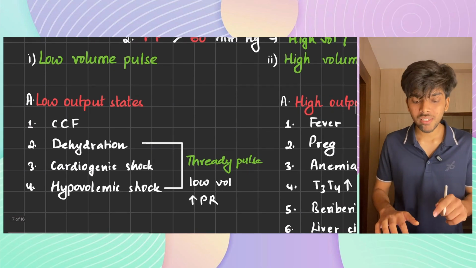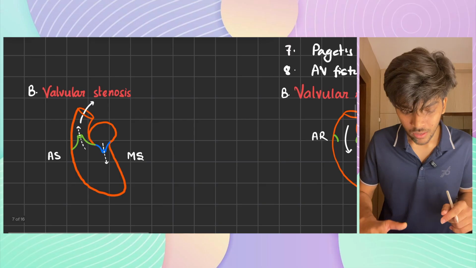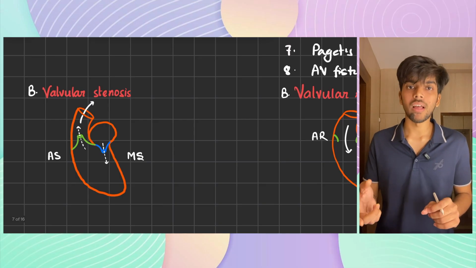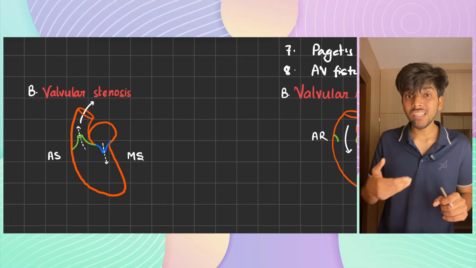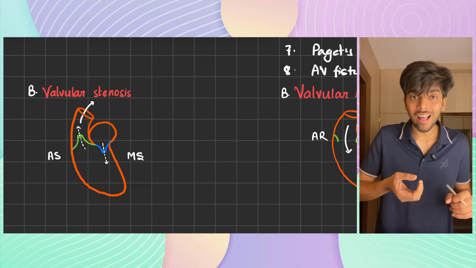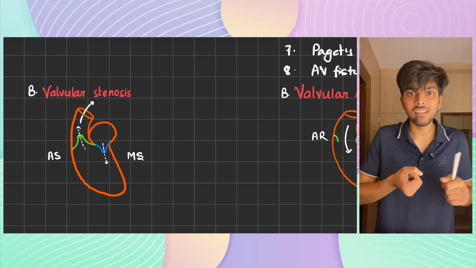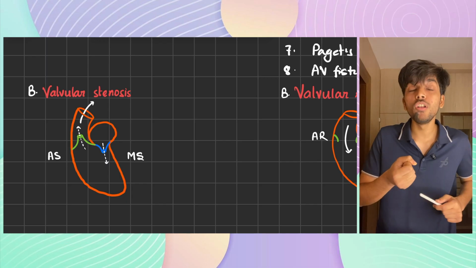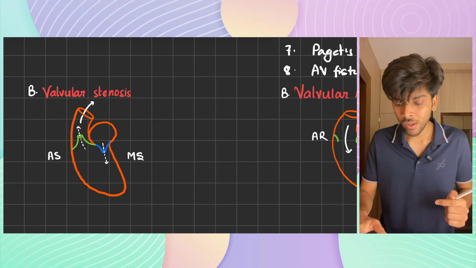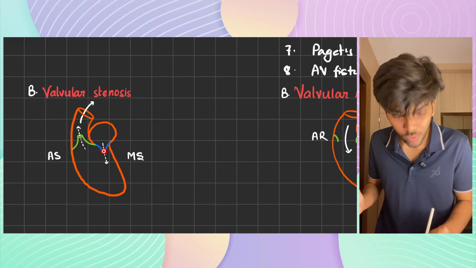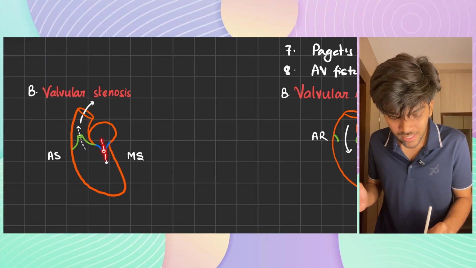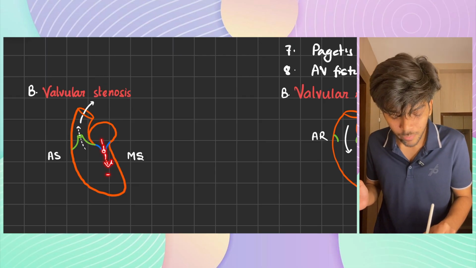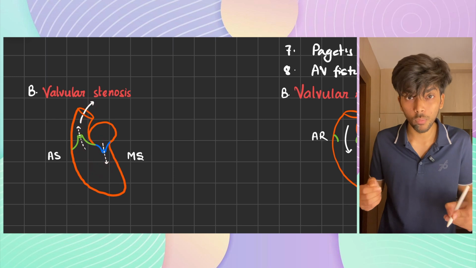Low volume pulse is also caused by stenotic lesion of the valve, because in stenotic lesion the valve becomes narrow. As a result, a low volume of blood passes through it. For example, in mitral stenosis, less blood reaches the left ventricle, so less blood gets pumped out and you get a low volume pulse.